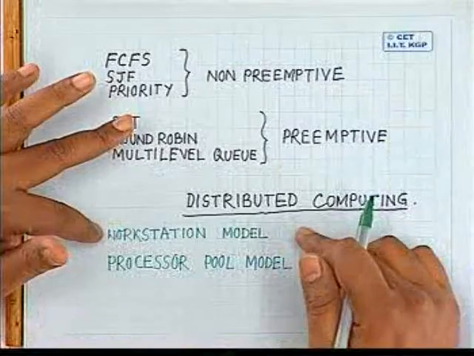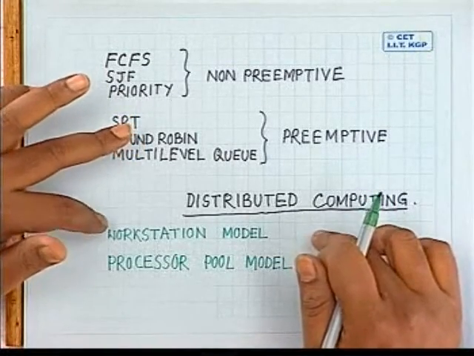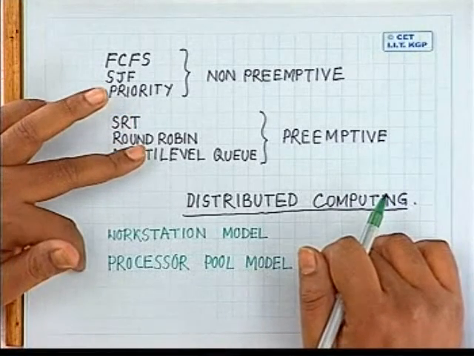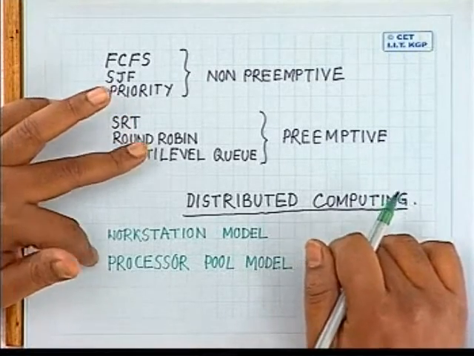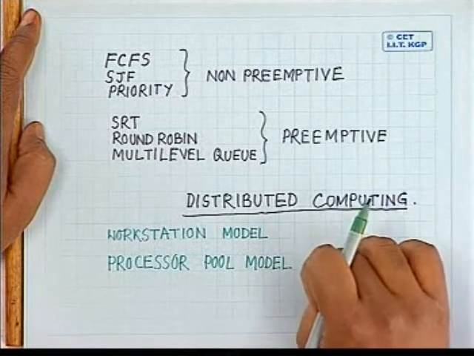So you find that these two models are different. In the workstation model, every user computer has the processing power. In the processor pool model, the terminal given to the user does not have any processing power. The processing power is at a central place where I have a high-end server having multiple processors. So naturally, for these two types of models, the approach that you have to take for proper sharing of the CPUs has to be different.